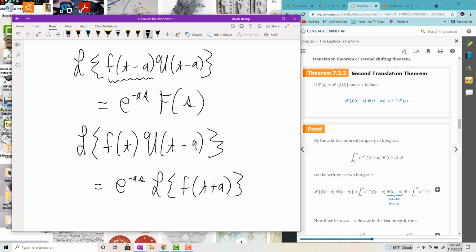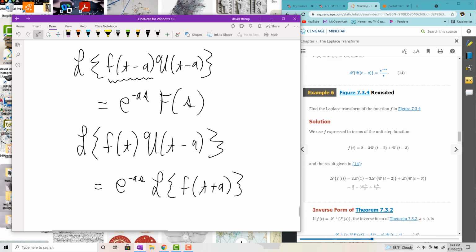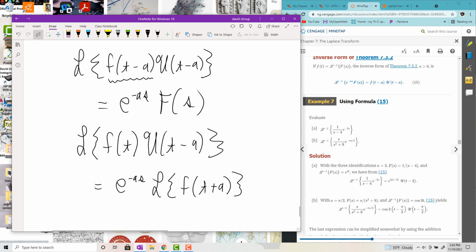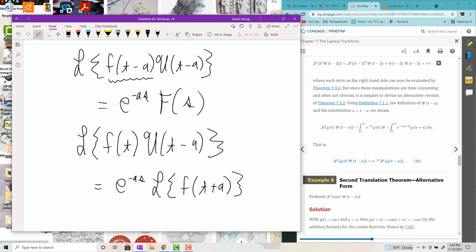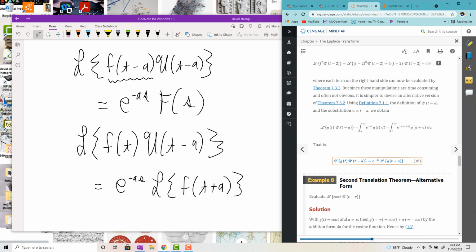All right, and that turns out to be more useful than the original one. They wait to give you that version in the book until later on after they give you the inverse. Where is it? So yeah, here's the alternate form. It's right here.